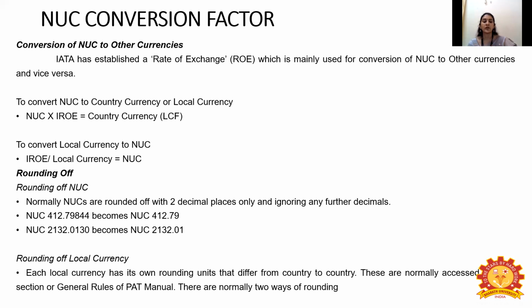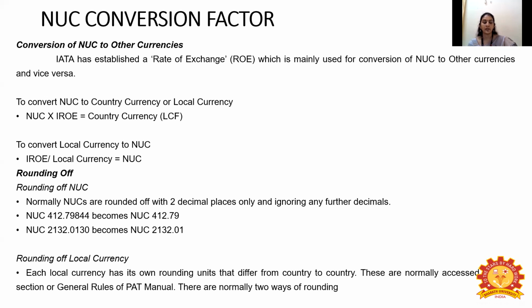Now, to convert the common unit of currency to the country's currency, for example, say you want to calculate the fare in Indian currency, that is rupee. Once we calculate in the neutral unit, we multiply with the rate of exchange for India. That gives you the value in rupee. Common unit into rate of exchange will result in the country's currency.